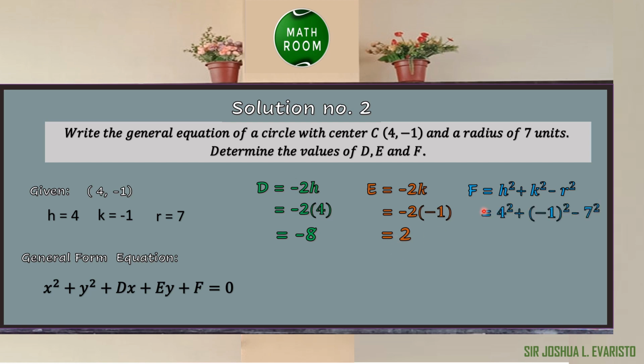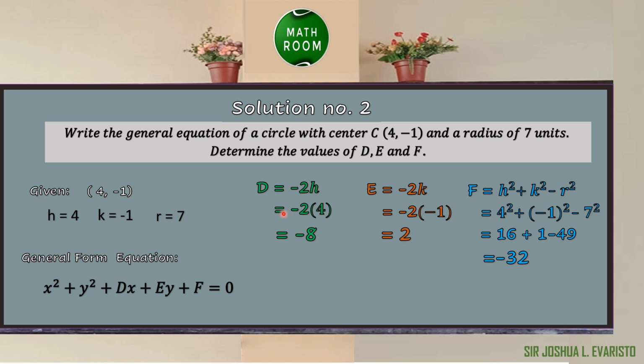For the value of f, we have 4 squared plus negative 1 squared minus 7 squared, since h is 4, k is negative 1, and r is 7. 4 squared is 16, negative 1 squared is 1, 7 squared is 49. 16 plus 1 is 17, minus 49 is equal to negative 32.